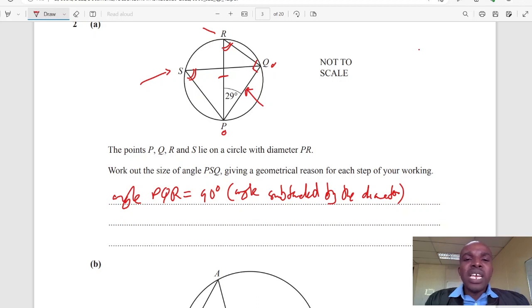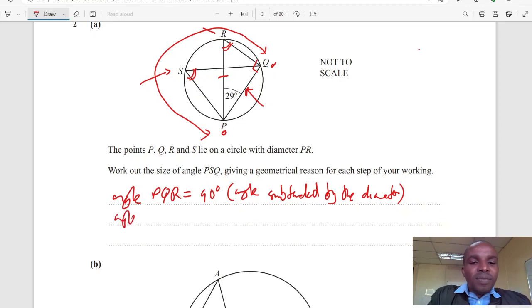You can also say angles subtended by the same arc are equal. This one is the arc. Still the same concept, you still get the same answer. But let's use the chord. So you can say angle PSQ, that's the one that you are looking for, is equal to angle PRQ.